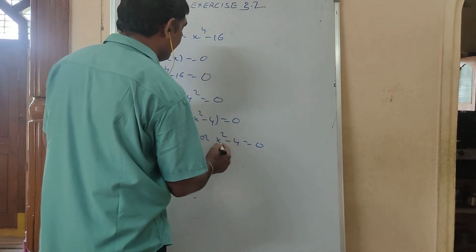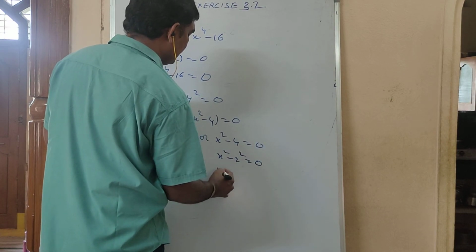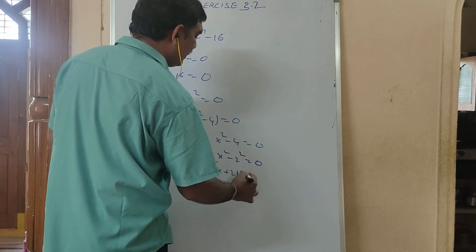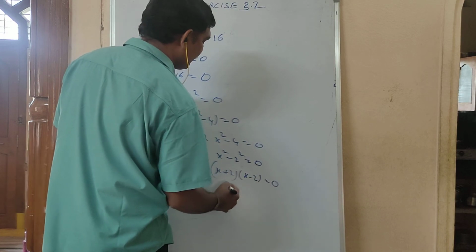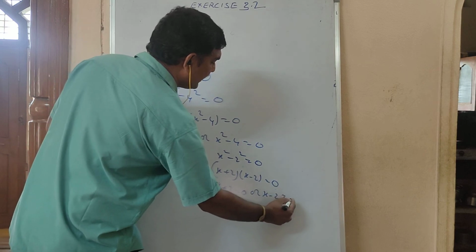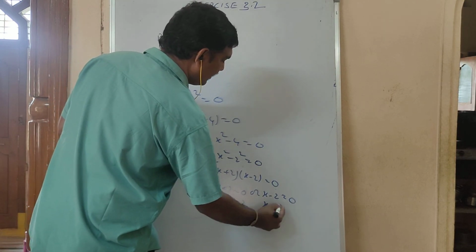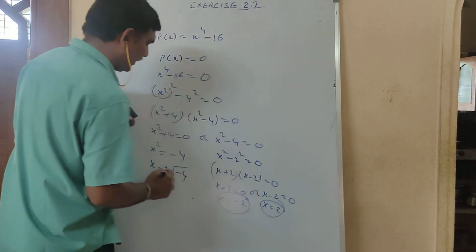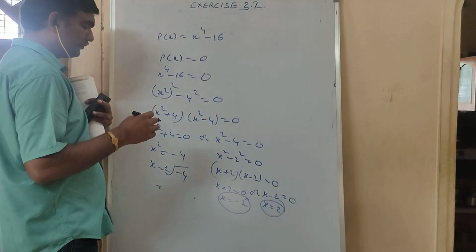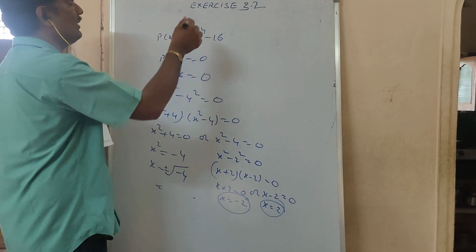Come here, x square minus 4, you can write 4 as 2 square. Means x plus 2 into x minus 2 is equal to 0. x plus 2 is equal to 0 or x minus 2 is equal to 0. x is equal to minus 2, x is equal to 2. Now, what he is saying is you have 4 zeros of the polynomial.